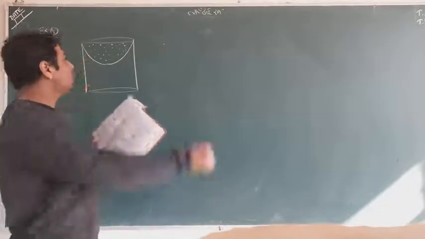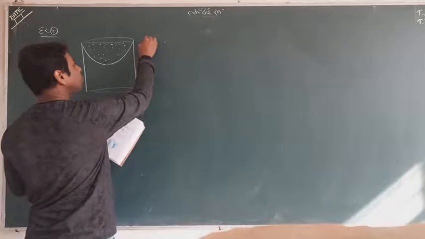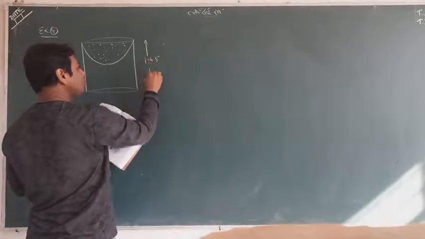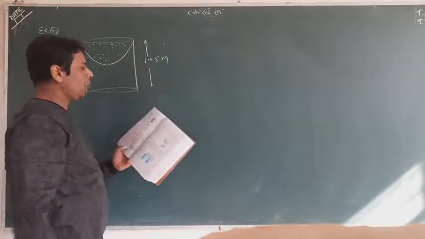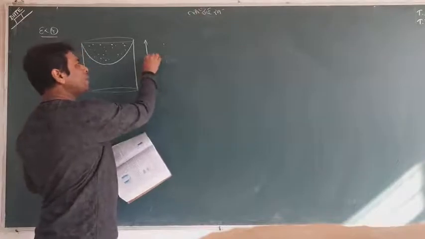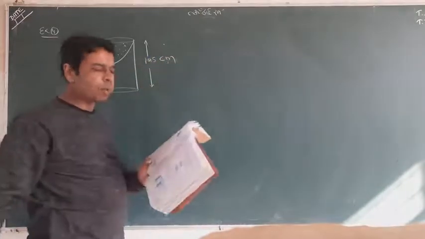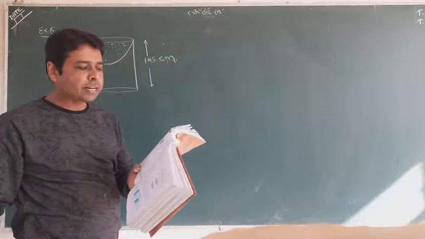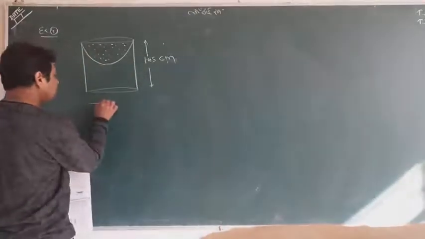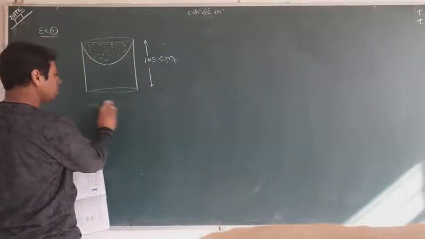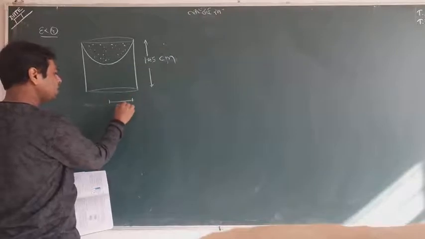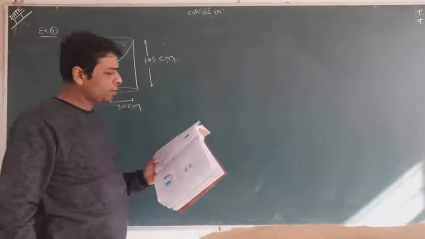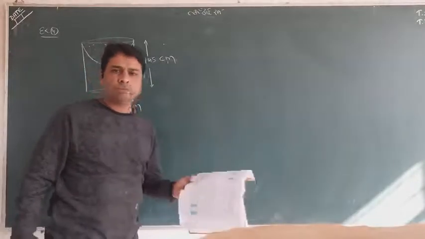The height of the cylinder is 1.45 meter. I can change it to centimeter, 145 centimeter, by multiplying by 100. And the radius is 30 centimeter. Find the total surface area of the bird bath.